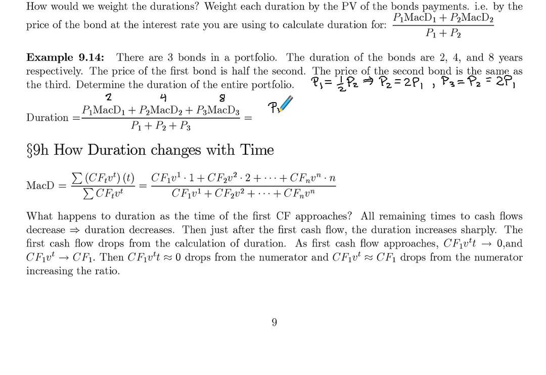First price times the first duration, 2, plus P2 is twice P1, so 2P1 times the duration of the second bond, 4, plus the third price is again 2P1, times that duration, which is 8, and then divide by the total price, P1 plus P2, which is 2P1, and P3, which is also 2P1.